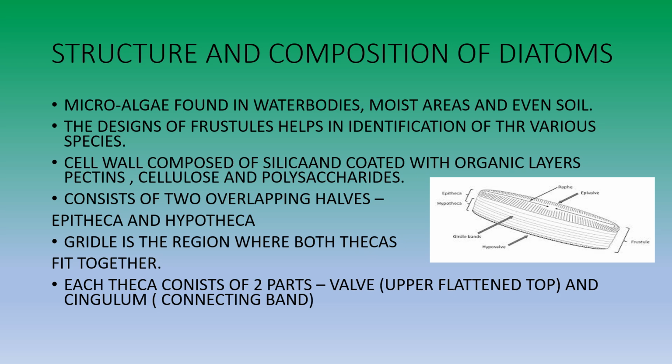The girdle is the region where both the epitheca and the hypotheca meet, and each theca consists of two parts: the valve, which is the upper flattened top, and the cingulum, that is the connecting band which connects the thecas.